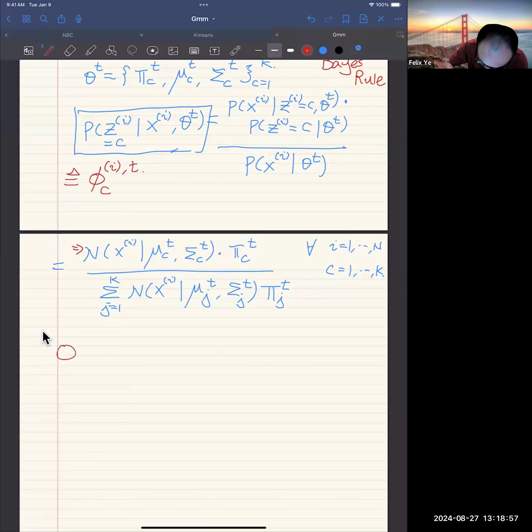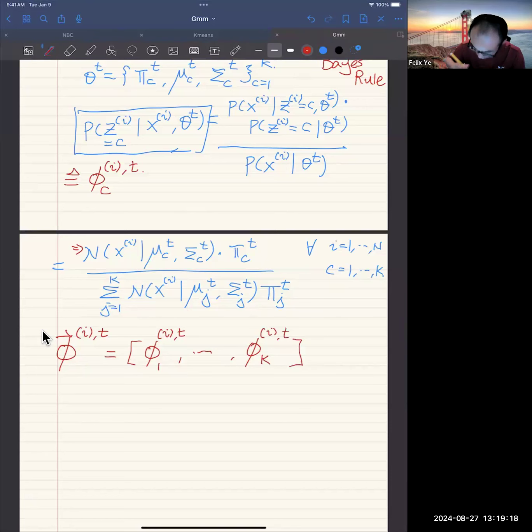So here I'm going to define phi_i,t, which is phi_1,i,t and so on. Basically, we stack all these probabilities together. This is an actual probability vector, so each component is a probability and they need to sum to 1.